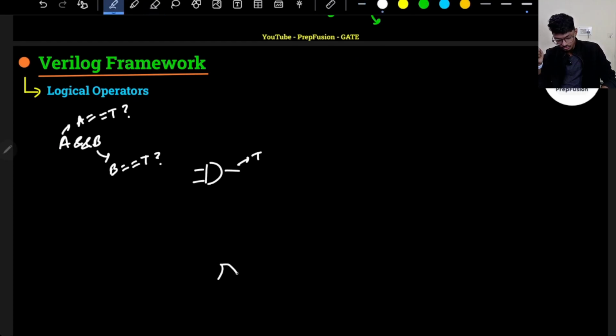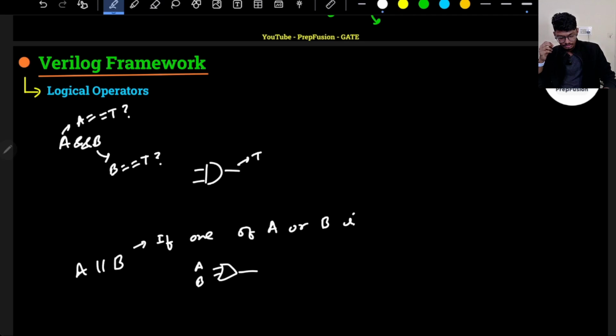Even if one of them is true, then output will be true. Okay. If I perform A or B, if one of A or B is true, output will be true.